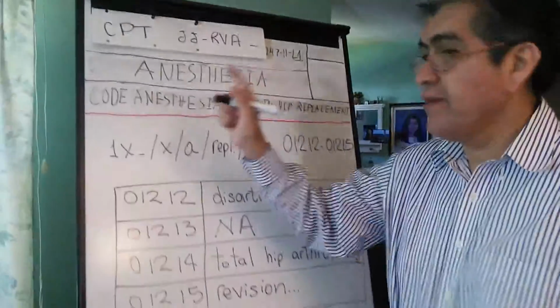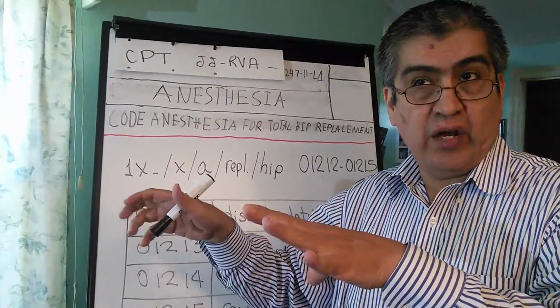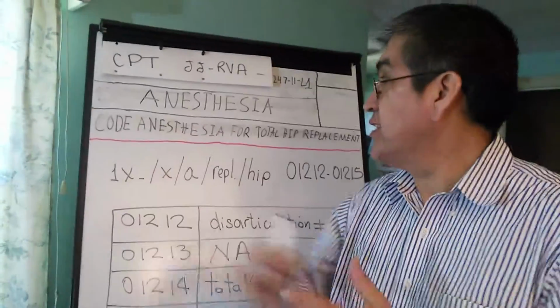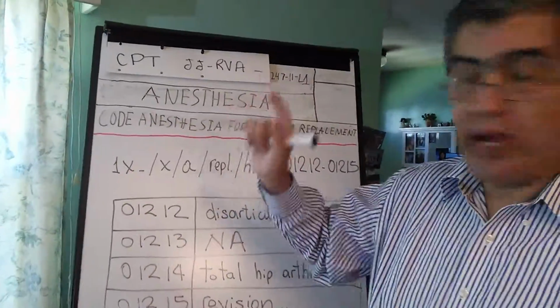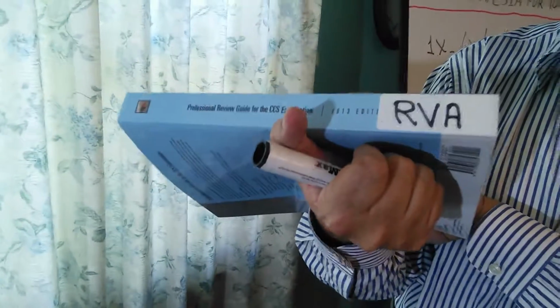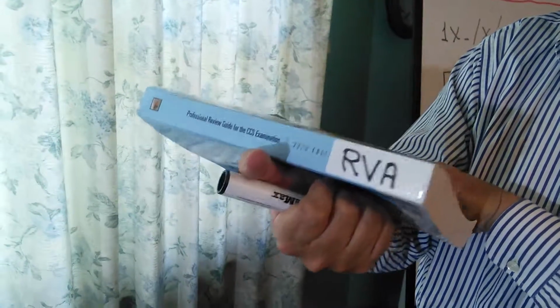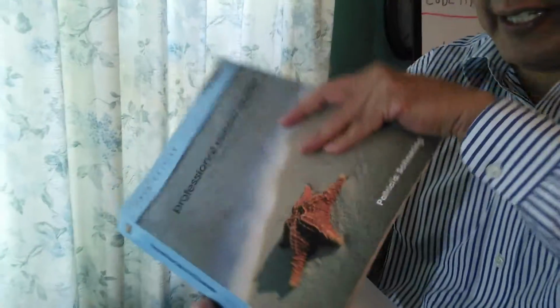We already started with evaluation and management, which you have on the website and you can watch it. But now we're going to do the second part, which is anesthesia. We're using this book, and the code for this book is RVA, which means review A. It's the first book for review, and it reviews all the coding systems that you have to know to take the exam.